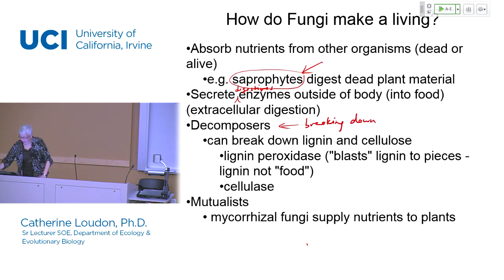Fungi are really important decomposers, in part because they have the enzymatic wherewithal to break down some materials that are very resistant to digestive enzymes made by other kinds of organisms, such as animals. Fungi are capable of breaking down these remarkable structural compounds that are in the cell walls of plants, namely lignin and cellulose. This is pretty impressive.